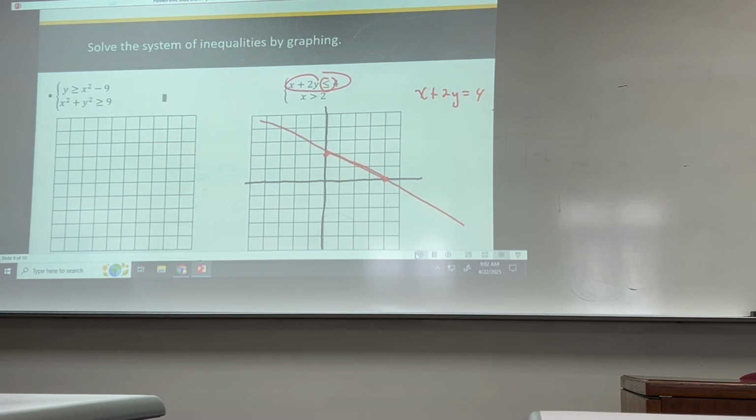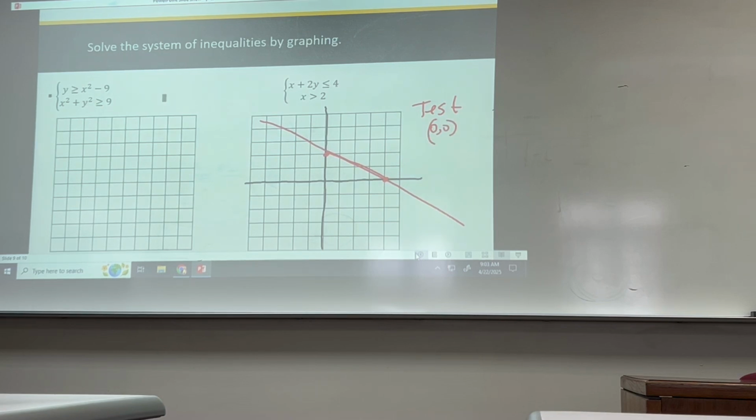And then I need to decide where to shade. Do I shade above or below? So there's the equal to part, right? Now where's the less than part? Do I shade here or do I shade here? Do you know how to figure out which part to shade? You test a point, right? It doesn't go through the origin, so I test using 0, 0.